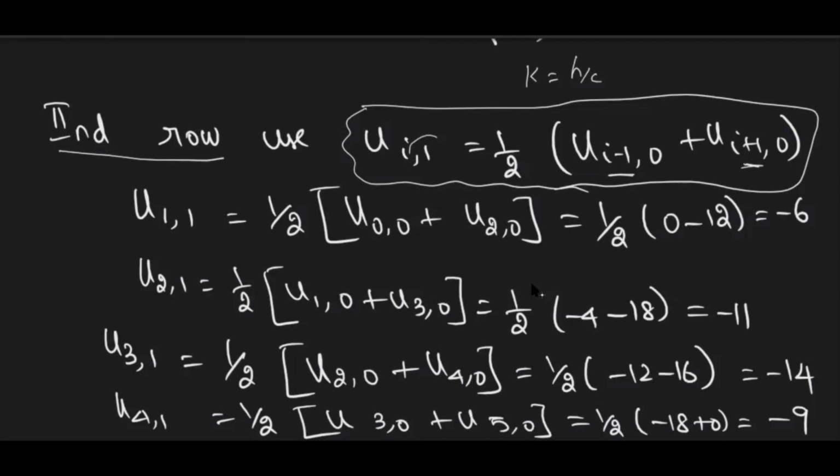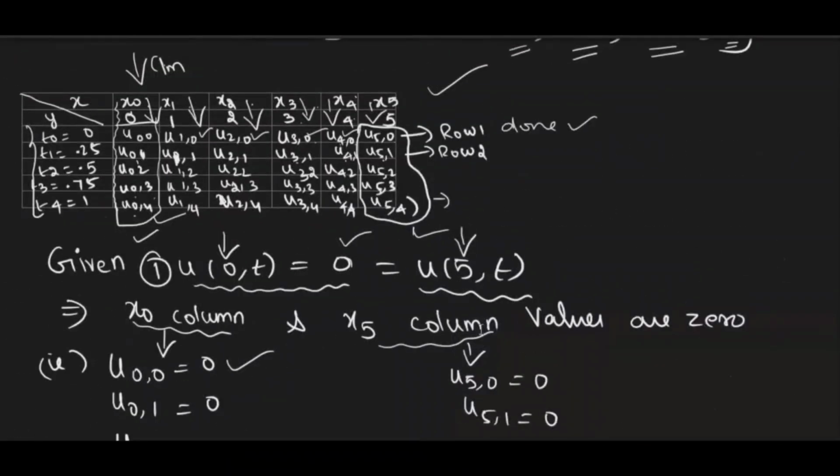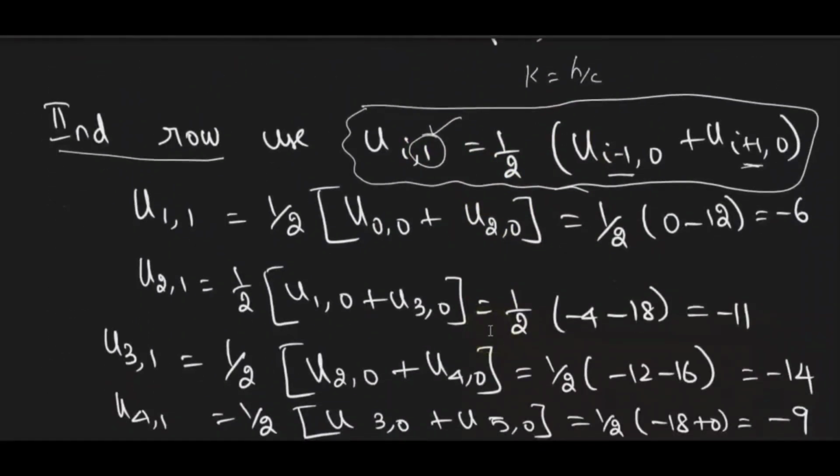And if you see here, when the second value is 1, this is nothing but your second row. In the second row this is 1, this is 1, this is 1. All the second values are 1 in the second row. So if I have to find u of 1 comma 1, I am going to take the average of, before 1, what is the value? 0.